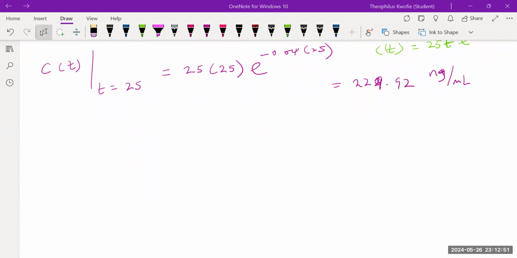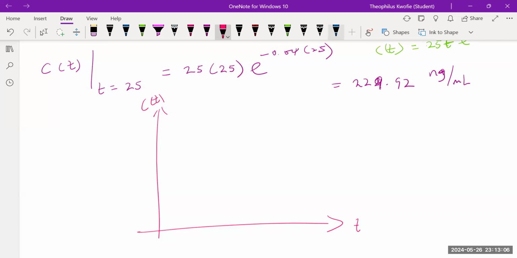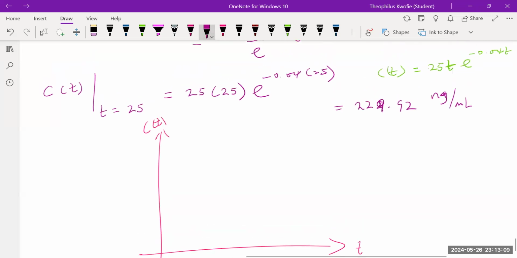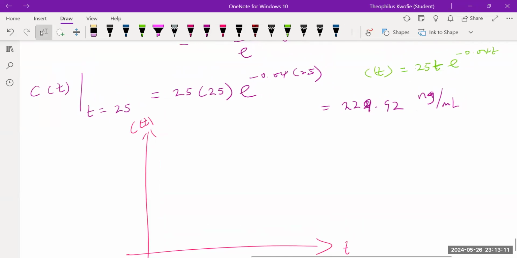All right. So now we've been able to solve this particular problem. If I want to draw the solution, this was our C of t. Since this is a peak concentration, it just means that this was how high it was.